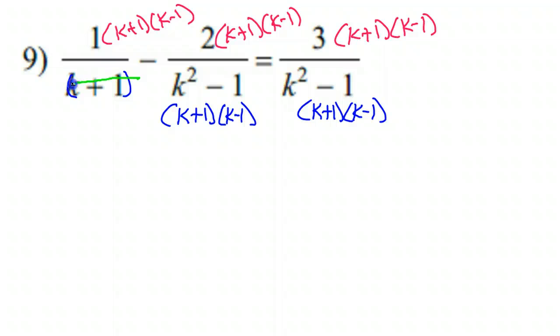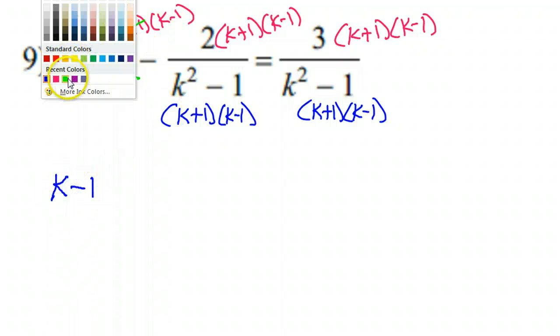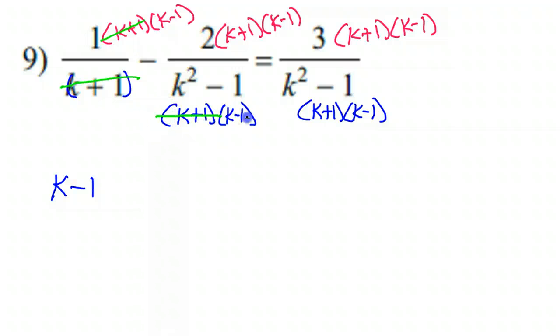In the first fraction, the k plus 1s cancel out, but that still leaves k minus 1. In the second fraction, the entire denominator cancels out, but that still leaves 2. So minus 2 equals. And in the third fraction, the entire denominator cancels out, but that still leaves 3.